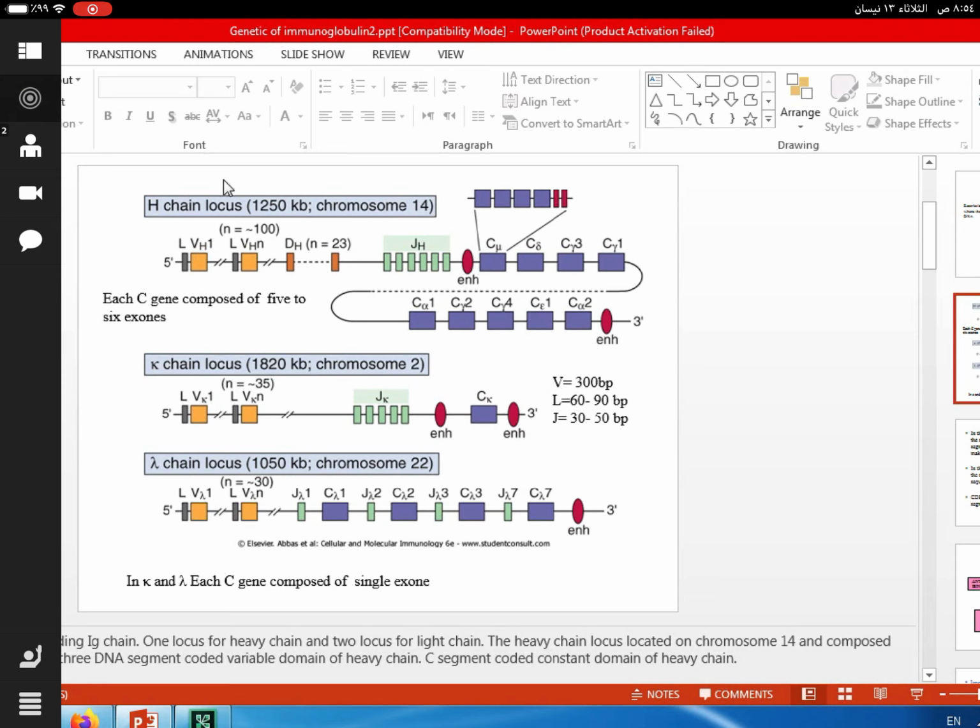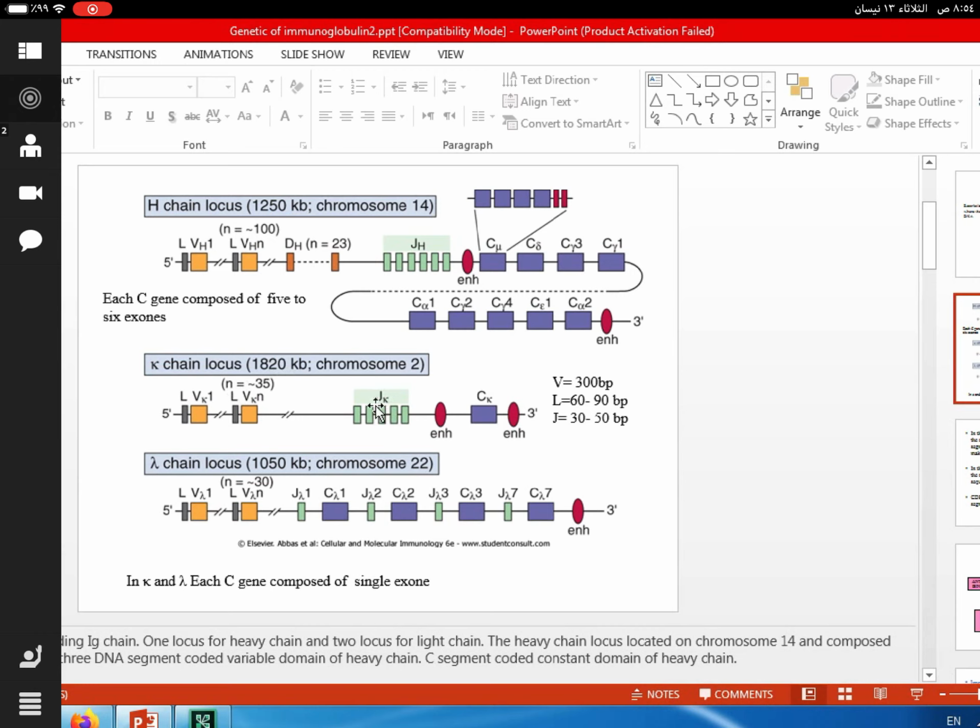So only the V segment participates in coding CDR1 and CDR2, while D and J segments participate in coding CDR3 in the heavy chain. In the light chain, V and J segments participate in coding CDR3.